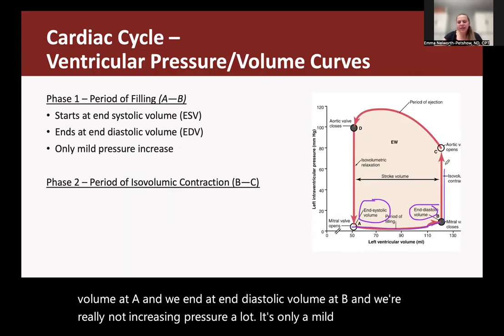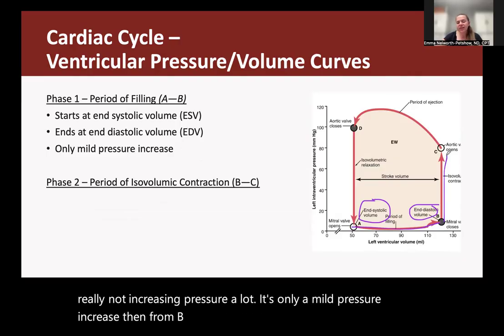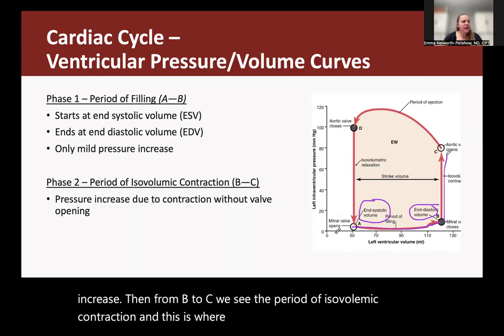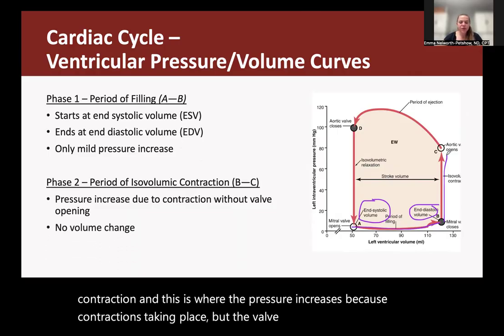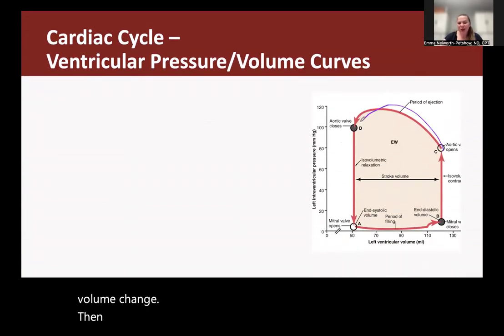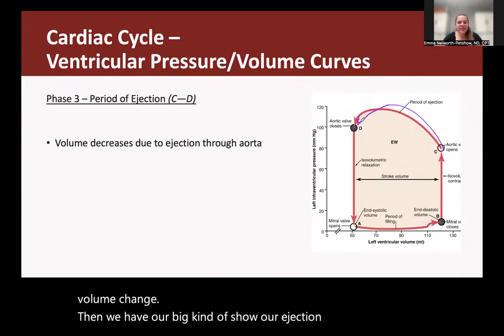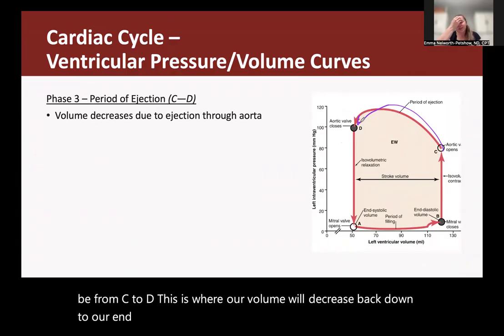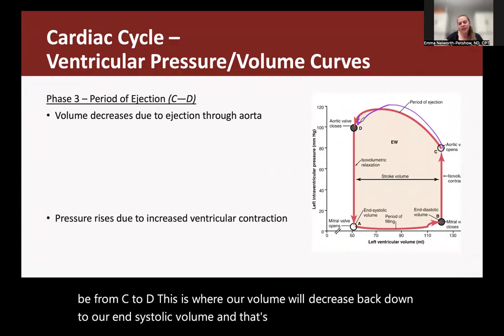Then from B to C, we see the period of isovolumic contraction. And this is where the pressure increases because contraction is taking place, but the valve is not opening. There's no volume change. Then we have our big show, our ejection, which is going to be from C to D. This is where our volume will decrease back down to our end systolic volume, through the process of ejecting blood into the aorta.